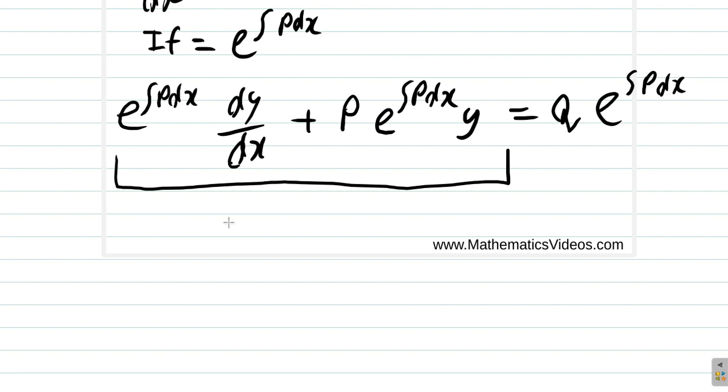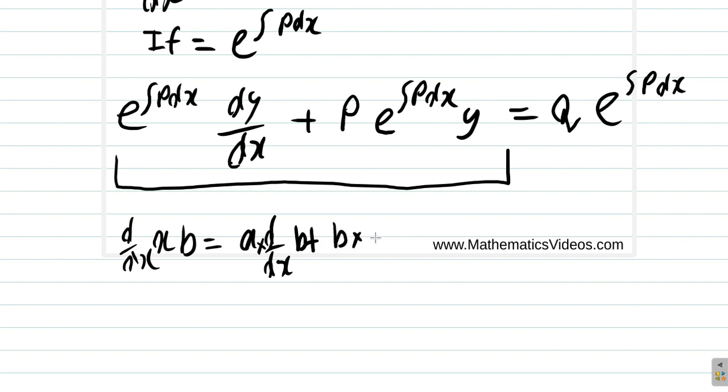Alright? So, if you have the functions being a times b, when you differentiate, d by dx of ab is equal to, you hold a, find the derivative of b, plus, then you hold b, times, find the derivative of a.